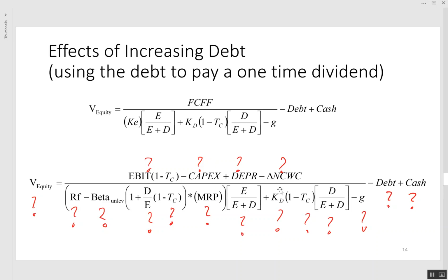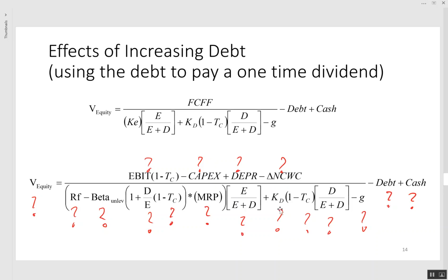Right now, I have it modeled as just 10%. So if I increase my debt, we're not exactly sure what's going to happen, because my D% is going to increase, my E% is going to decrease, and my cost of equity is going to increase. However, it makes no sense to not think about what's going to happen to the cost of debt.